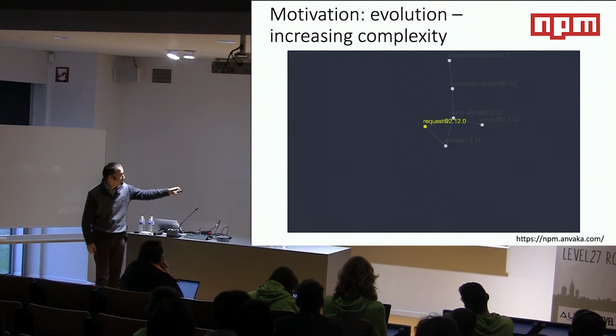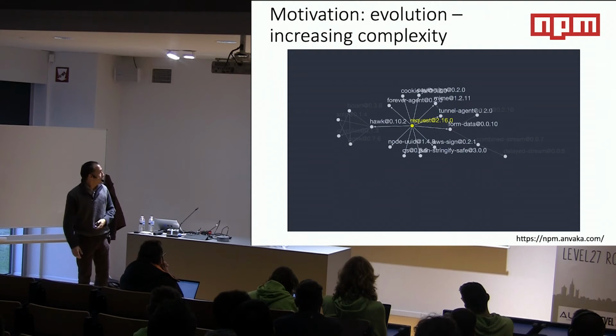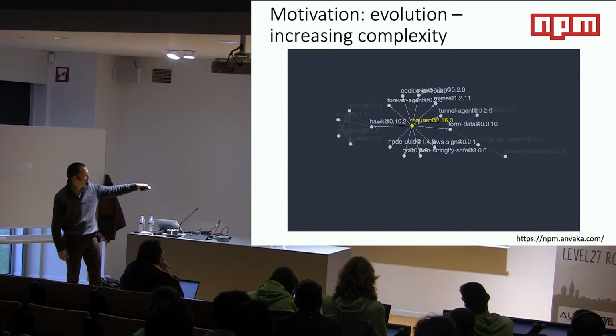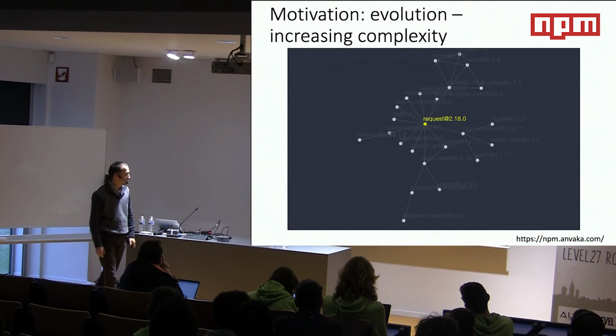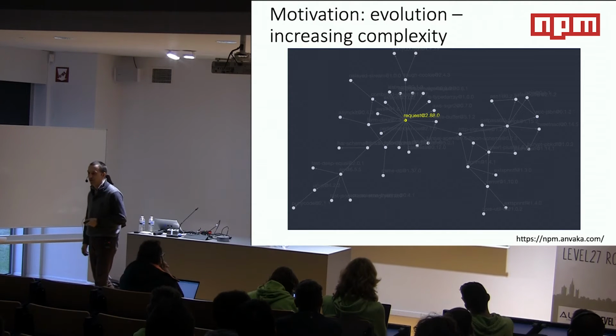Some versions later, this package depends on 2 other packages and transitively on 5 other packages, still quite manageable. Version 2.16, the package directly depends on about 15 other packages and some transitive dependencies. Version 2.18, version 2.88. So that's the state today.